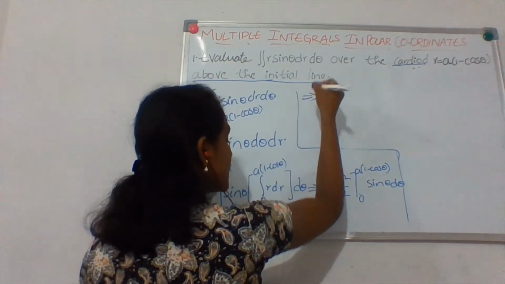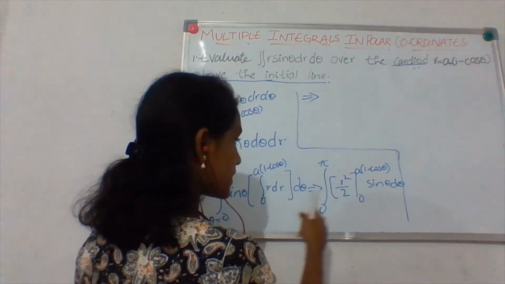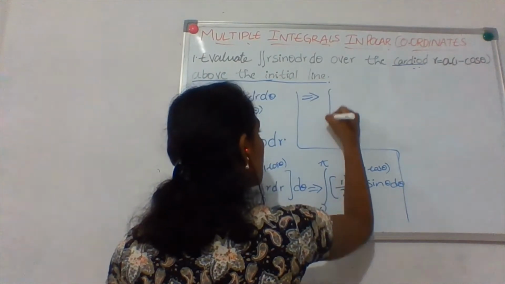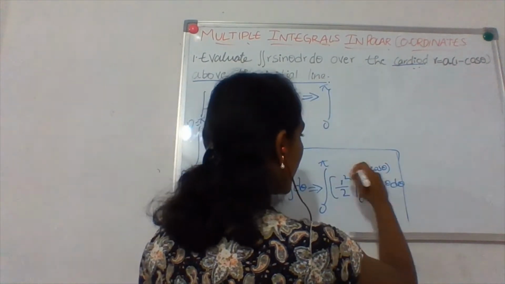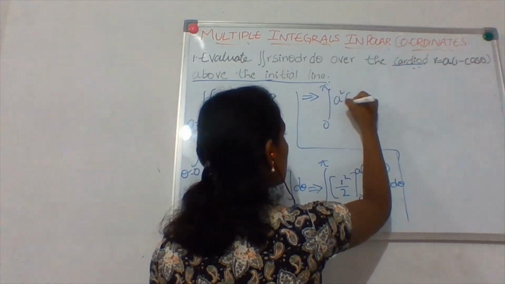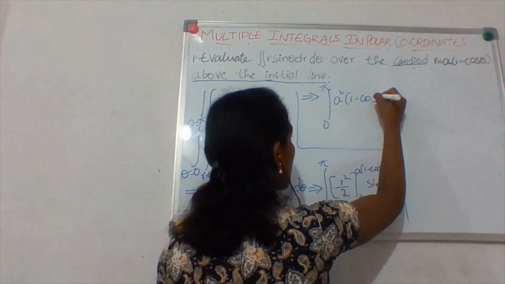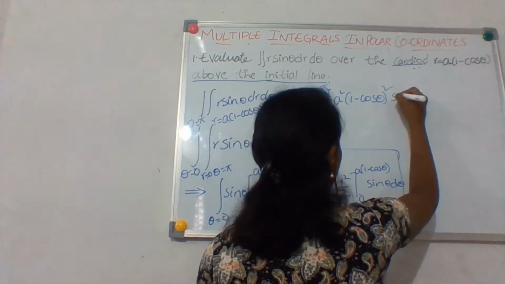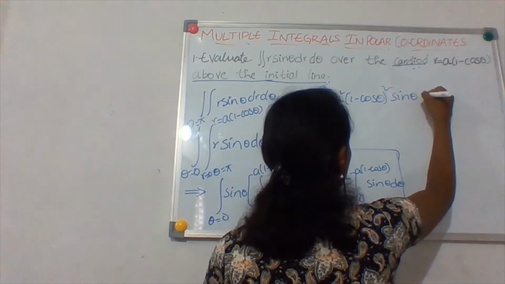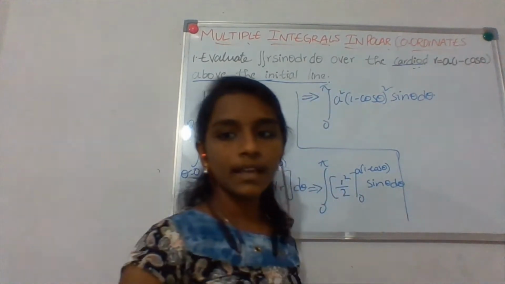So what does it give you? The integral from 0 to pi: if I put 0 it would be 0, and we get a square into 1 minus cos theta whole square, into sin theta d theta. That is it.